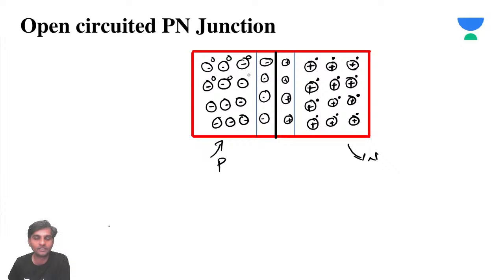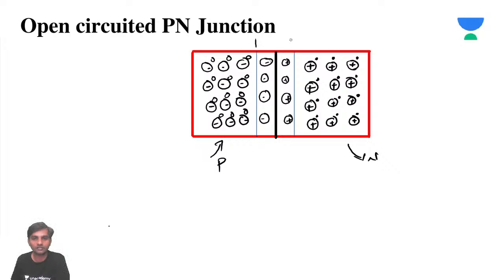What are the majority charge carriers in P type? The majority charge carriers in P type are holes, whereas in N type they are electrons.